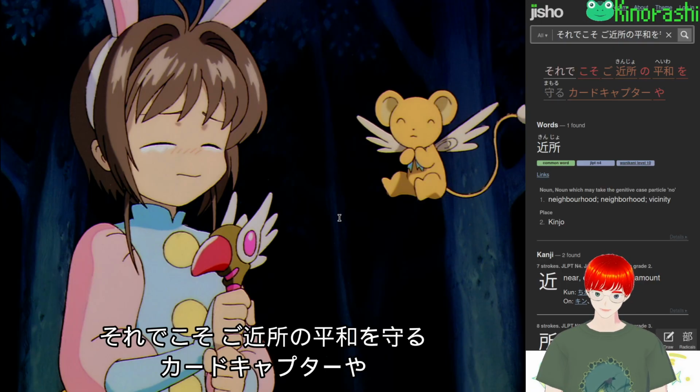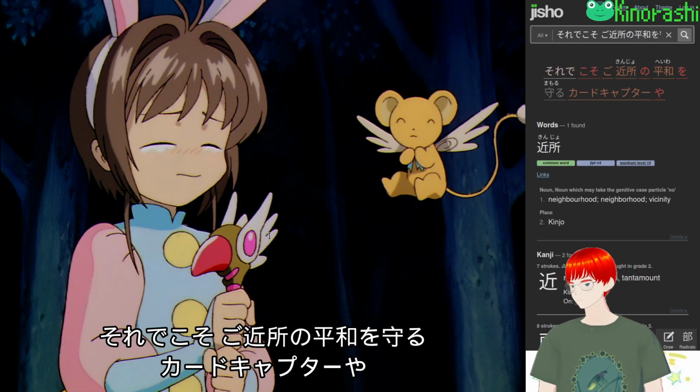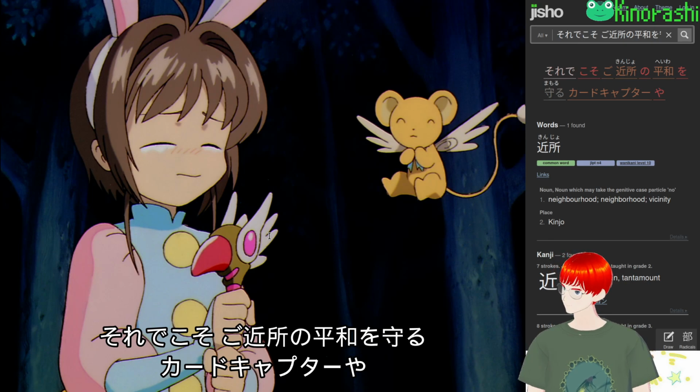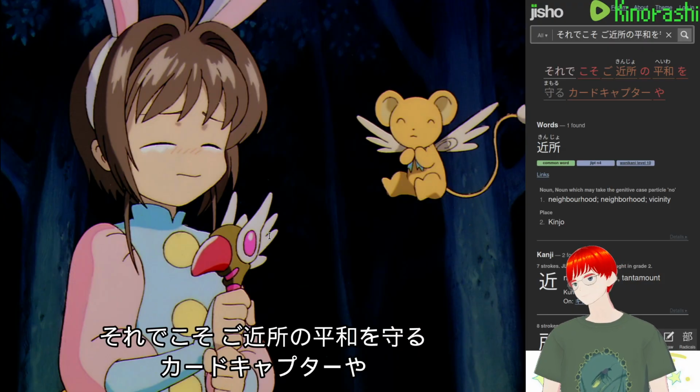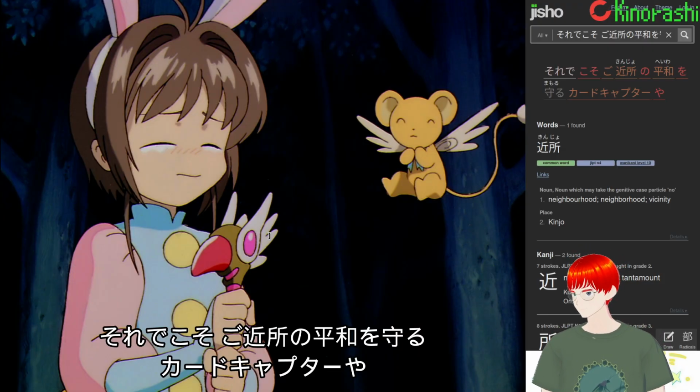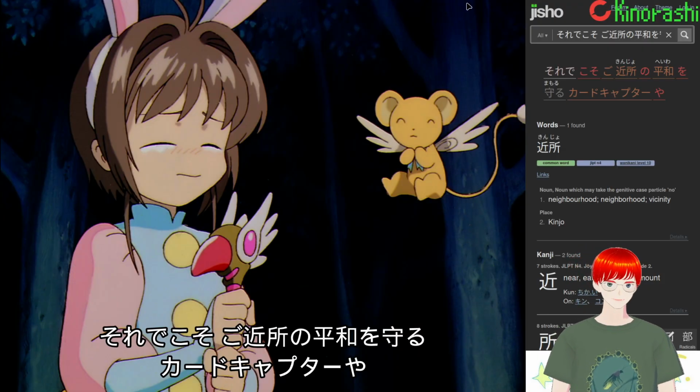That's exactly what makes them card captors, protecting the peace of the neighborhood. That's a slightly different meaning.